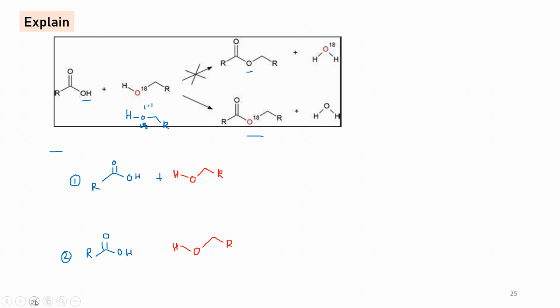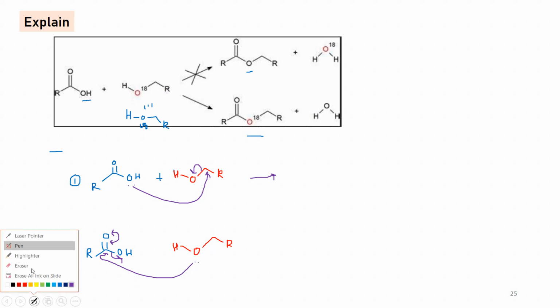Now one probability is this. And another probability is this. So this is step 1. This is one probability, this is another.